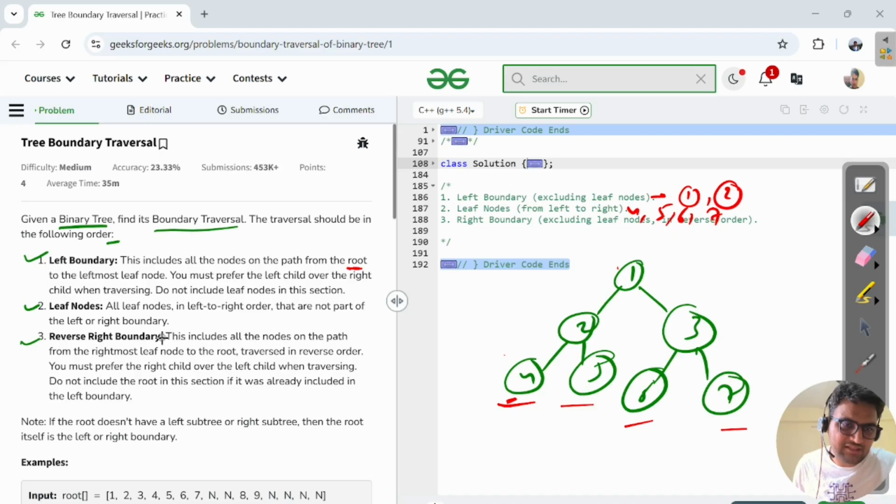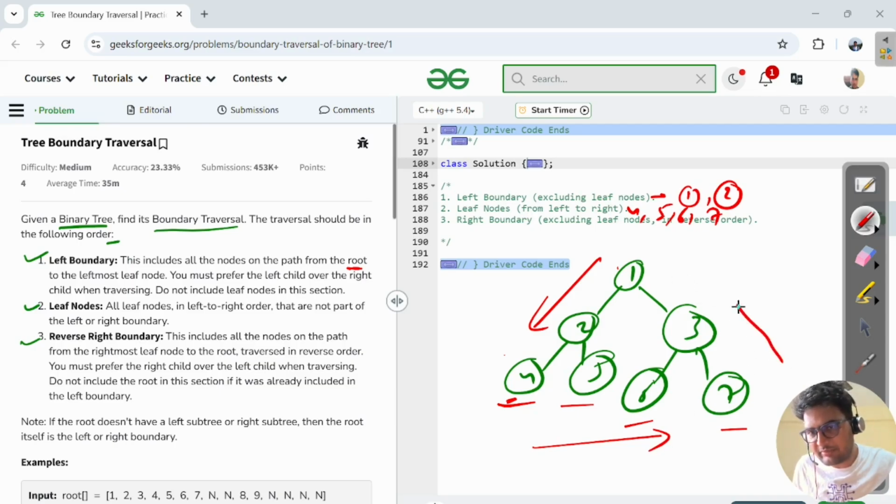Then the right boundary traversal: this includes all the nodes on the path from the rightmost leaf node to the root, traversed in reverse order. Correct. So here in the left traversal, what we did is not in reverse order. We are traversing from root to the leftmost leaf. Then here we are going from left to right, and for the right boundary traversal we are going in reverse order, from the rightmost leaf node to the root.